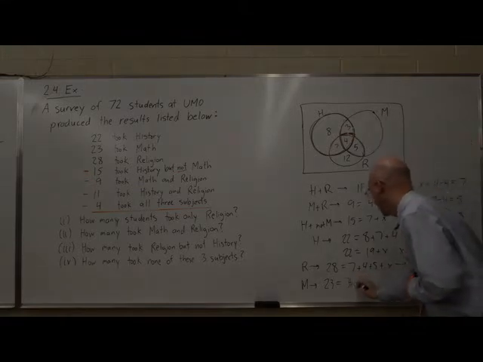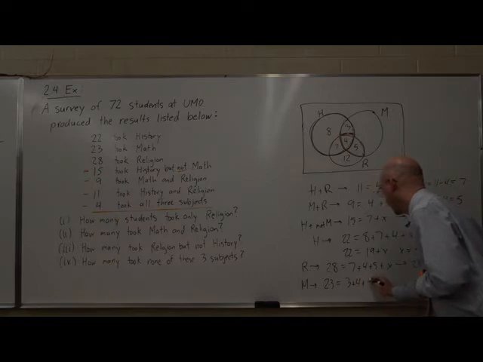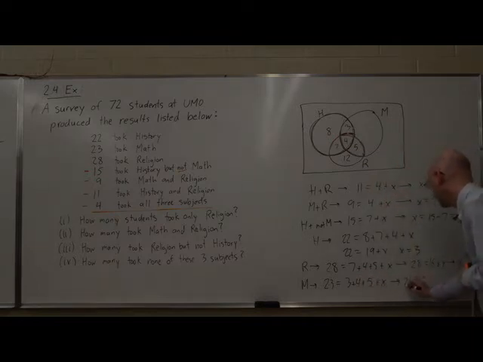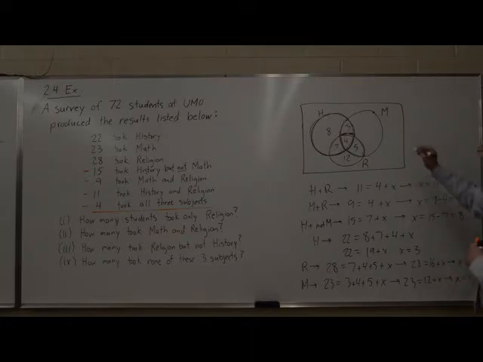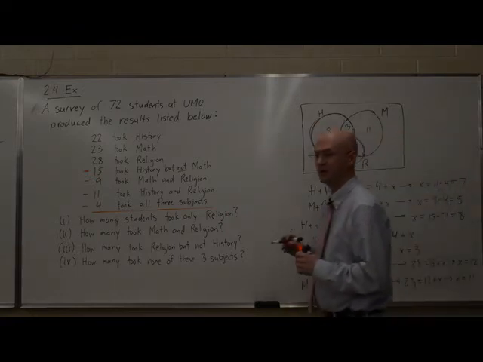So 3 plus 4 plus 5 plus x. That leaves us with 23 equals 12 plus x. So then x would be 11. We filled out the last part of the math circle.